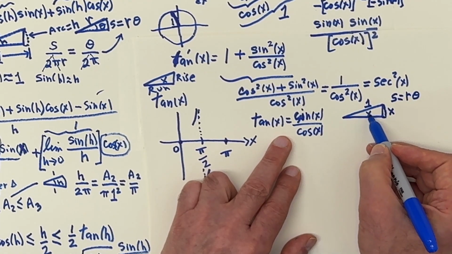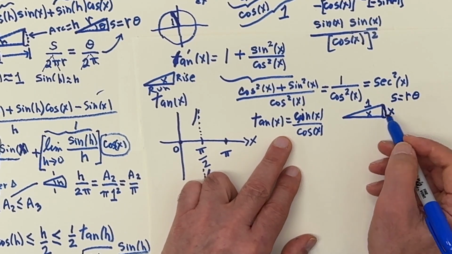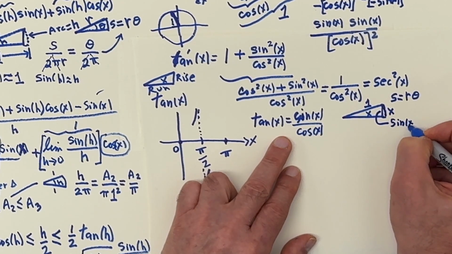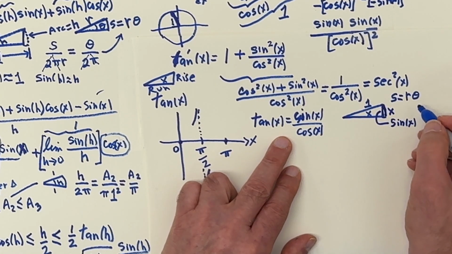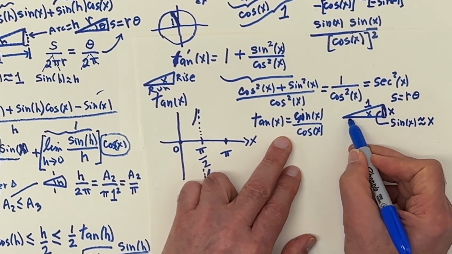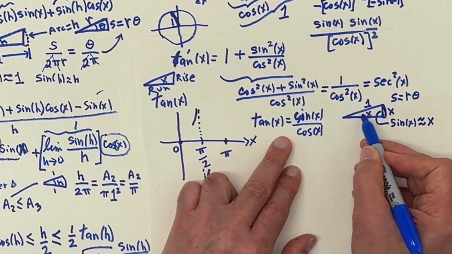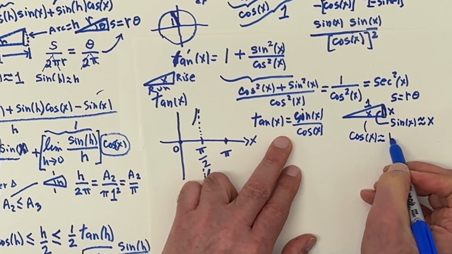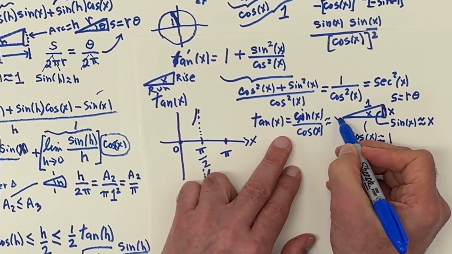Well, here the angle is x, r is 1, so this arc is x. And you see the height here is the sine of x, and the sine of x starts to look very close to x as we go in the limit. So this sine of x is approximately x. And the cosine of x, which is this line here, doesn't quite go out to the 1, because this radius is 1, but that cosine of x is approximately 1 as we get smaller and smaller. So that means the tangent of x is approximately x.